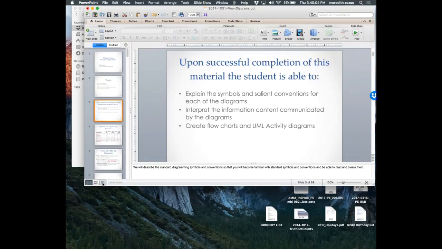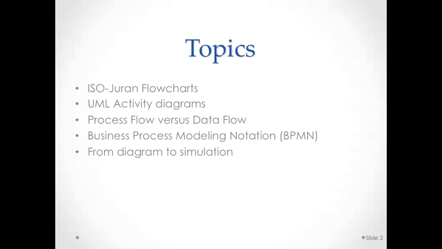If you look at the quality improvement side, you'll see folks using flowcharts. Those standard symbols have their roots back in the old ISO 5807 standard. So when I say ISO flowcharts, that's what I mean, ISO being the origin of those symbols.